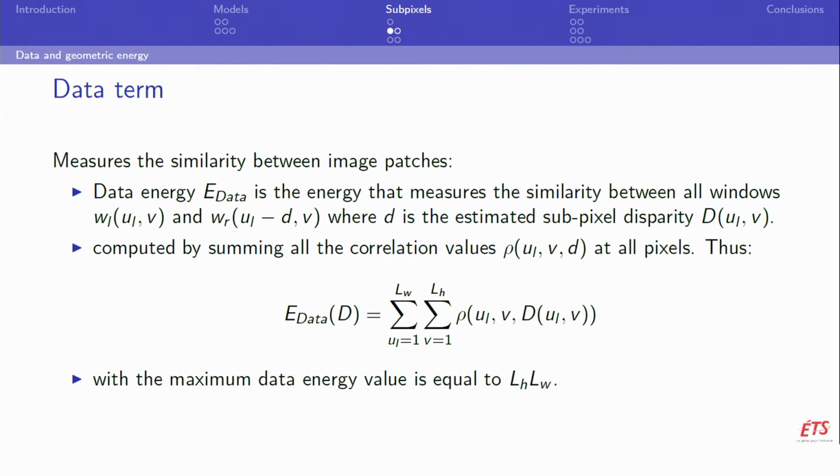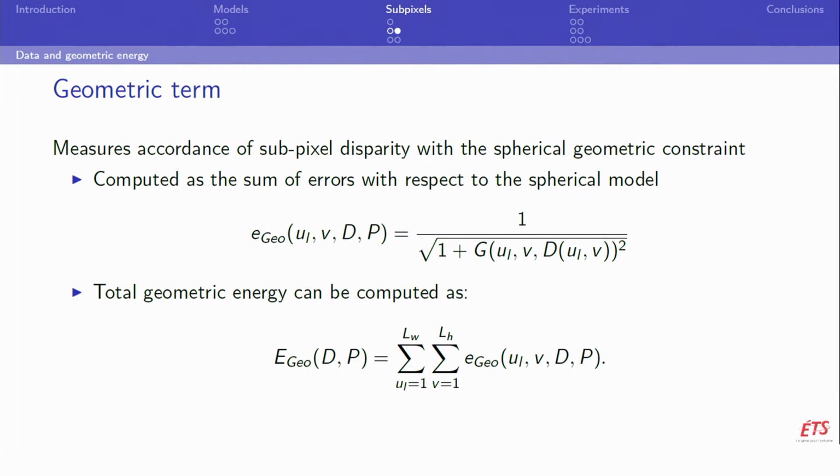The approach for the maximization, I'll get back to later, but basically the data term is based on the cross-correlation operator, adding that over the whole image based on pixels, and the geometric term will be based on the function that is describing the quadratic surface that we defined at the beginning.